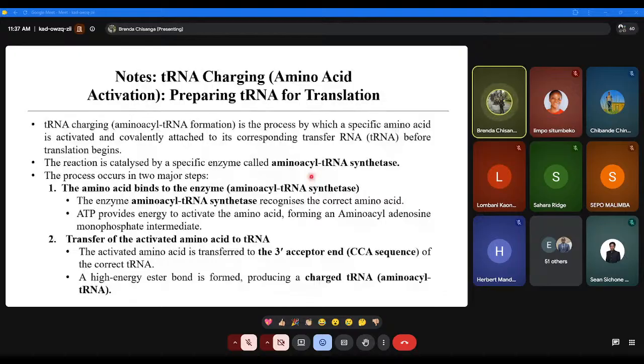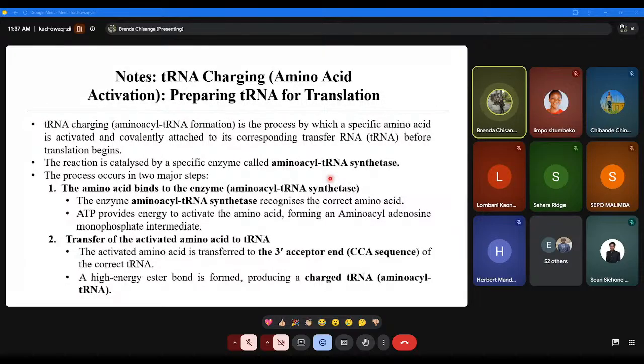So meaning that when this enzyme, amino acyl tRNA synthetase, selects the amino acids from the cytoplasm, it means that the tRNA already has established what is sitting on the codon in the ribosome. In short, the enzyme that helps the protein synthesizing machinery to pick the correct amino acid from the pool of other amino acids is amino acyl tRNA synthetase.